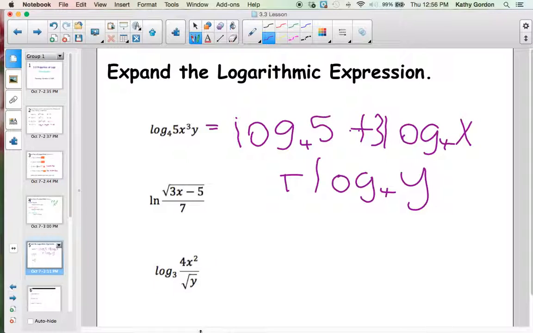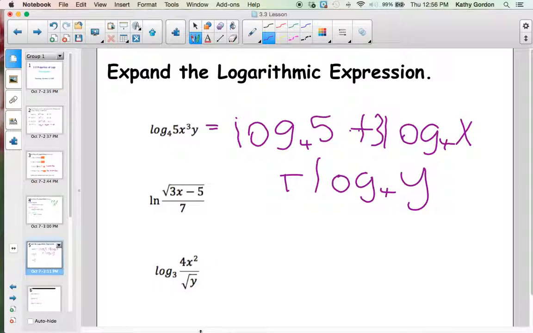Maybe in this case, you wanted to deal with the product property first and change it into log of 5 plus log of x cubed plus log of y, and then deal with the fact that x cubed, I can use the power property and make it into 3 log of x. There's no problem with doing a couple of steps to get to your final answer, especially if you're a little rusty from last year.